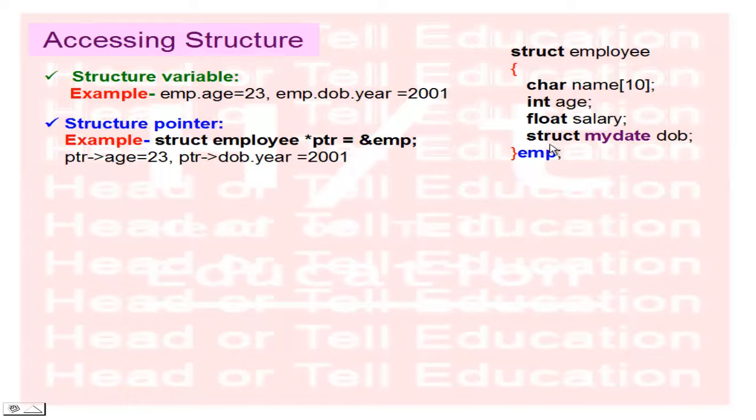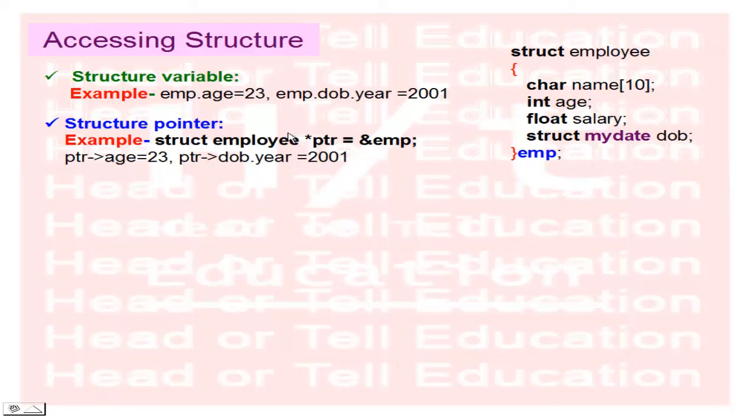Now if we have a pointer, struct employee pointer ptr equals address of emp. I have assigned the address of the employee variable to the pointer.